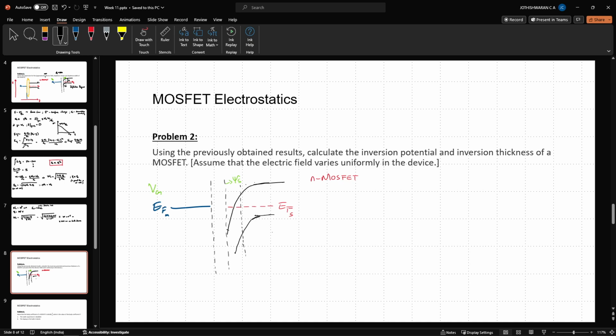So that would also go all the way down here. So now, very close to the interface, the Fermi level is well above the conduction band, which implies this region becomes electron rich. So this is what I refer to as inversion.